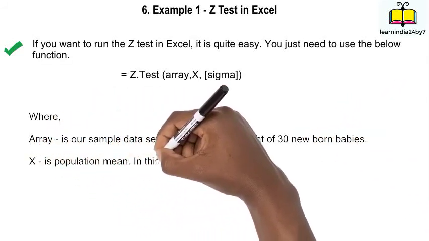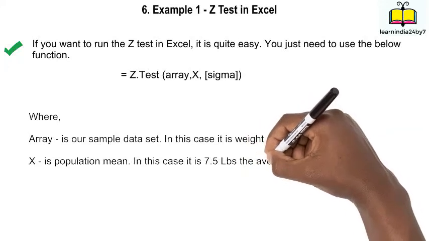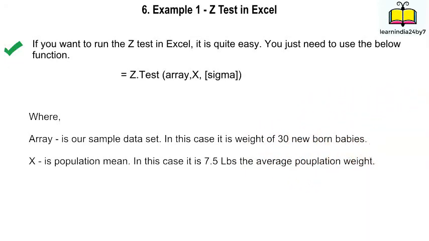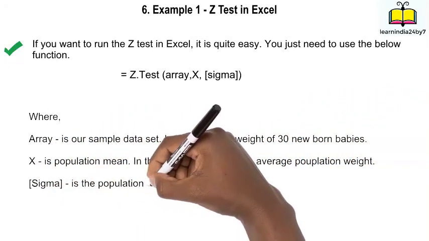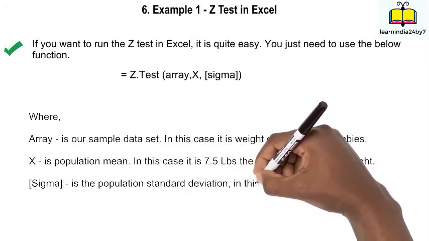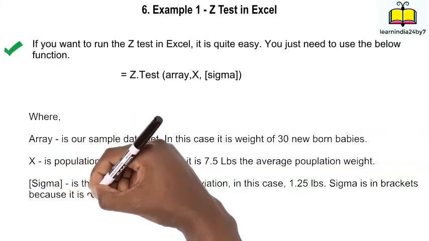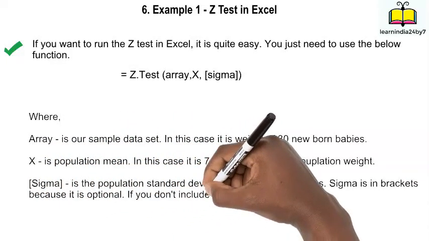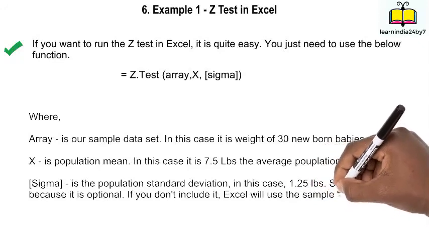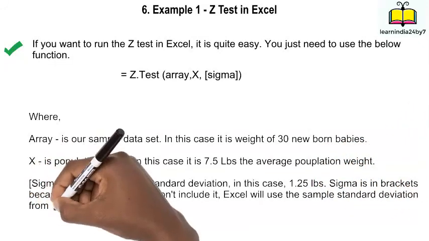X is the population mean, in this case 7.5 pounds. And sigma is the population standard deviation, in this case 1.25 pounds. Sigma shown in brackets indicates it is an optional value. If you don't include it, Excel will use the sample standard deviation from the input data.